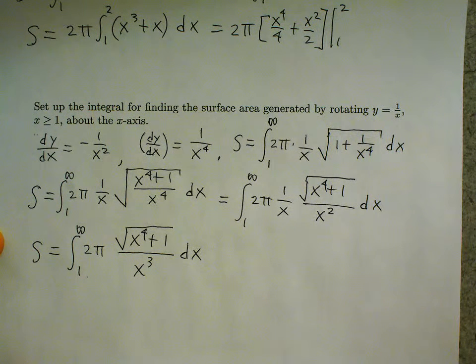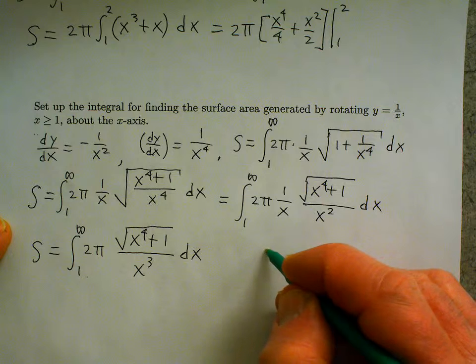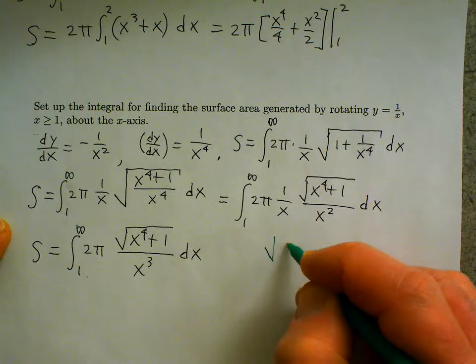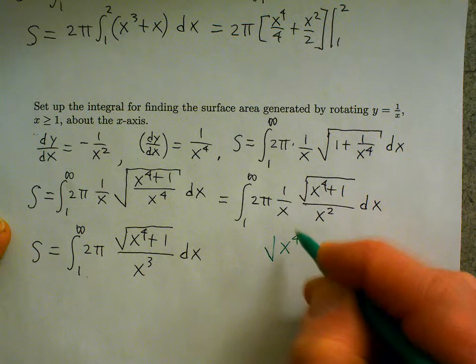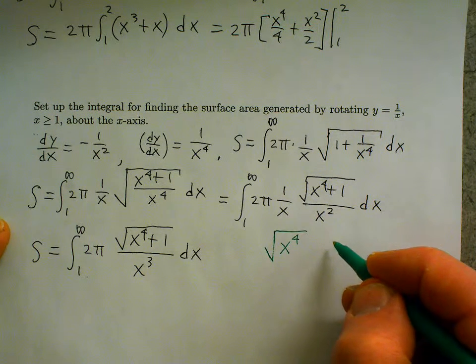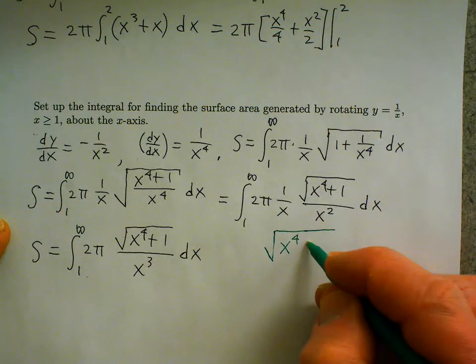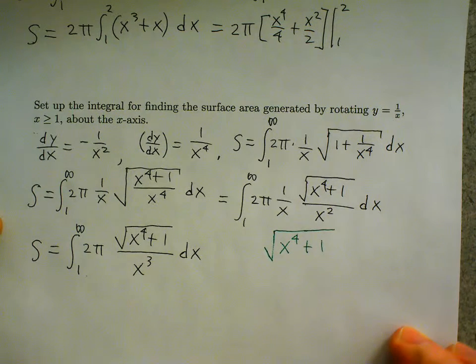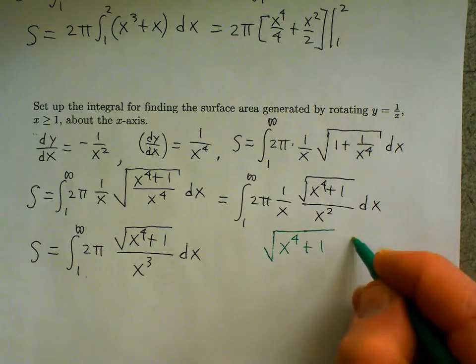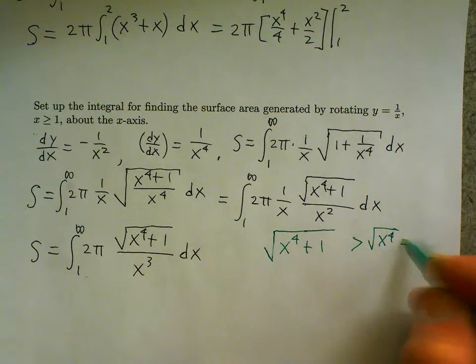Okay, let's try this. The square root of x to the 4th plus 1 is greater than the square root of x to the 4th, which is x to the 2nd.